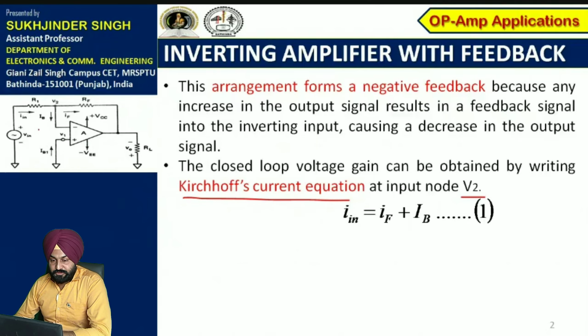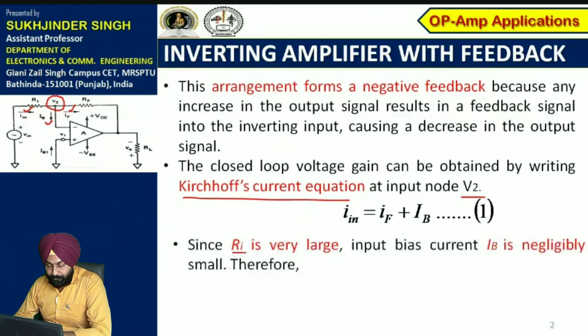After applying Kirchhoff's current law, we can write IN is equal to IF plus IB, that is, the sum of incoming current is equal to the sum of outgoing current. At node V2, the incoming current is IN and the outgoing currents are IF and IB.